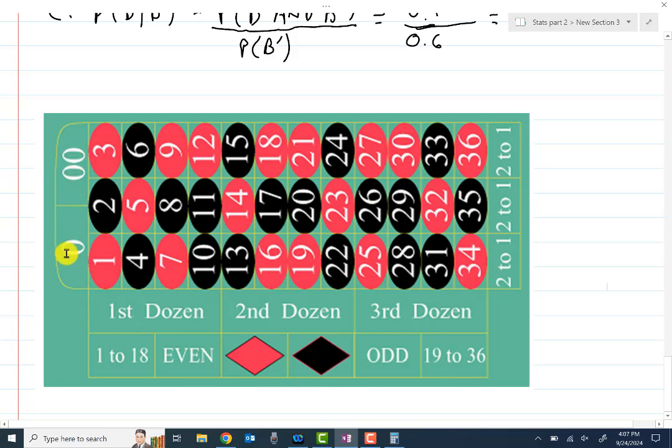So there's a total of 38 outcomes here: 18 red, 18 black, and 2 green.